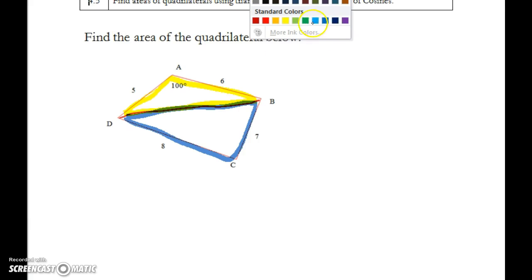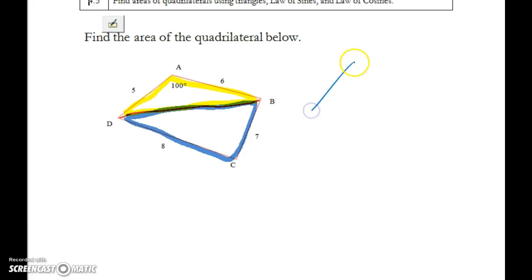So our yellow triangle, that's triangle ADB, has a 100-degree angle and side lengths of 5 and 6.